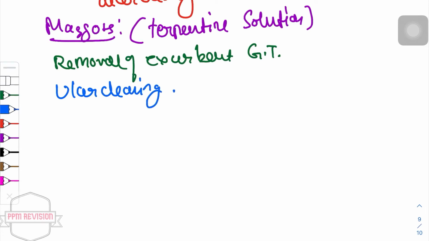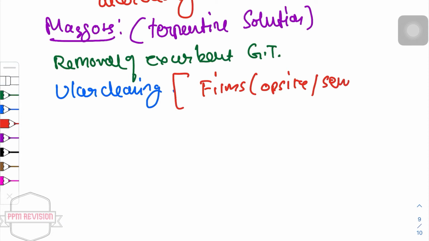There are many things available during dressing. That is films, under this there is Opsite, a semi-permeable polyurethane.